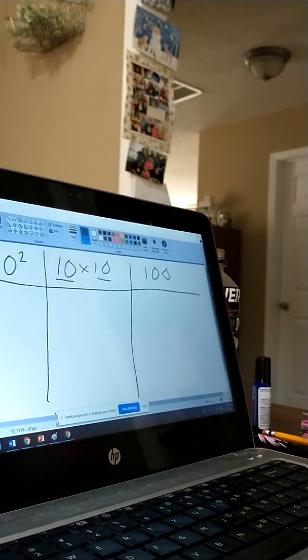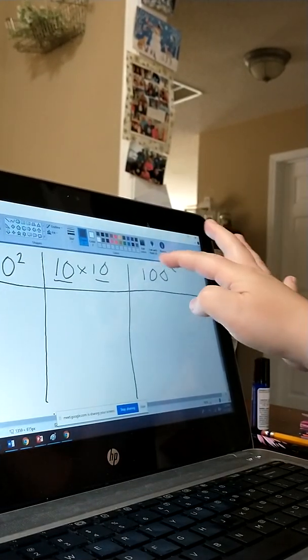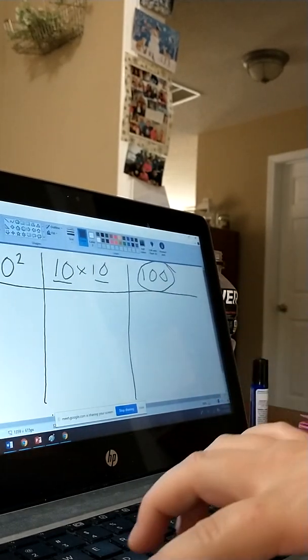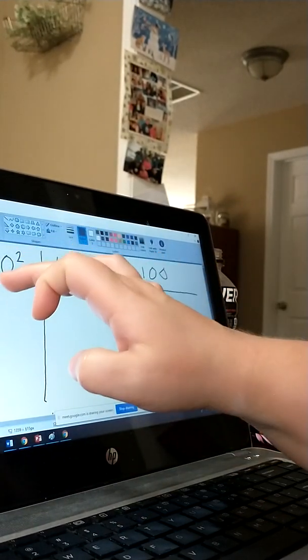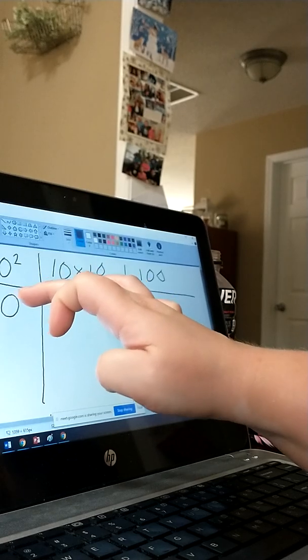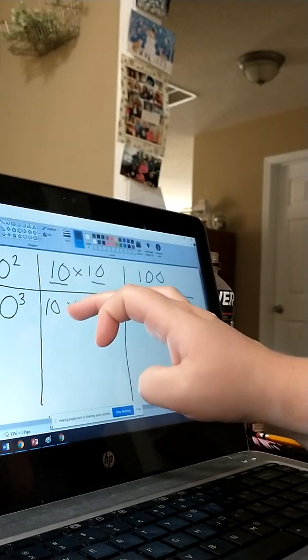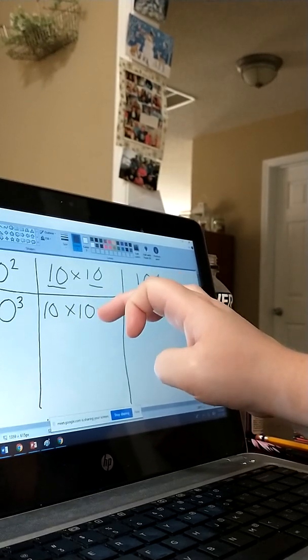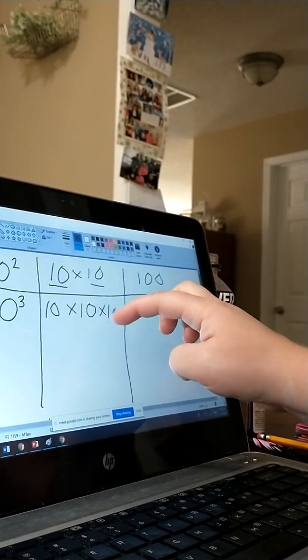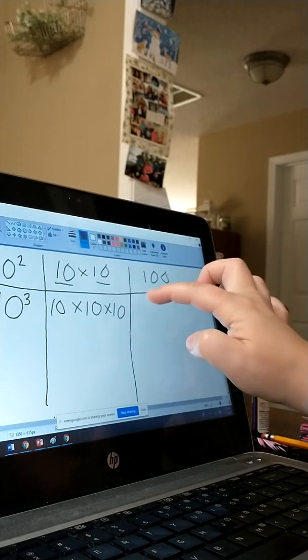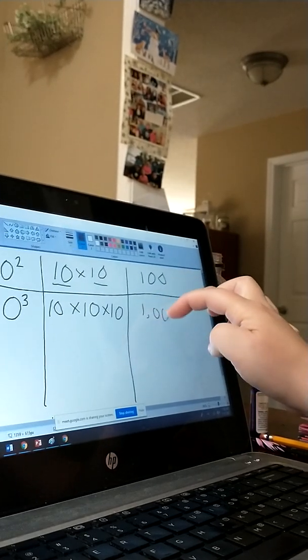So 2 10s multiplied together, and the answer there is 100. Okay. If we continued the pattern and did 10 to the third, there would be 3 10s multiplied together. And then that answer would be 1,000.